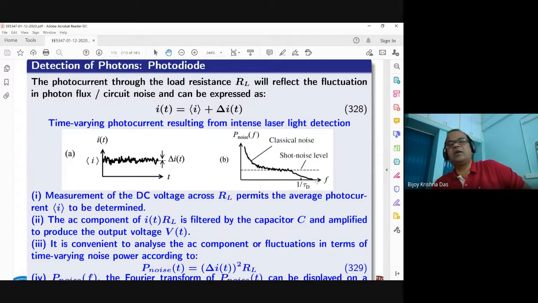Even in silicon with CMOS technology, people demonstrated up to 60 gigahertz bandwidth, very fast. But this classical noise, the Johnson noise and all those types, is up to around 100 megahertz or so. For some photodetectors, we know it is up to 10 to 15 megahertz. Beyond that, whatever noise will be there, that is shot noise.